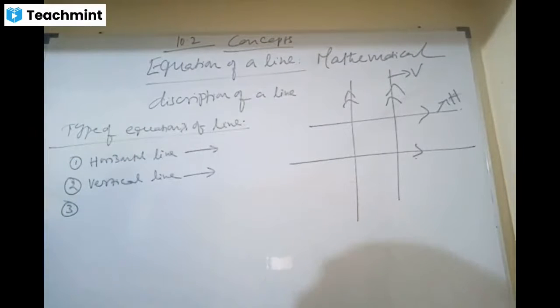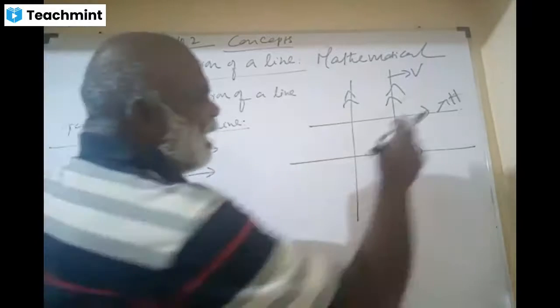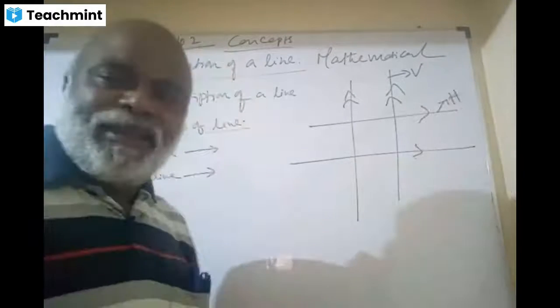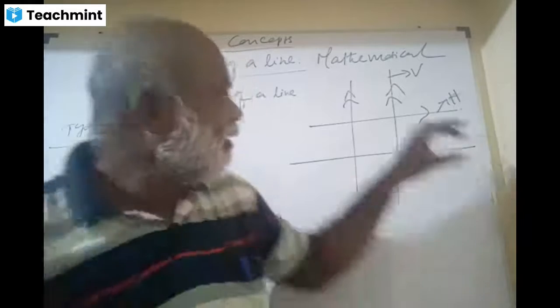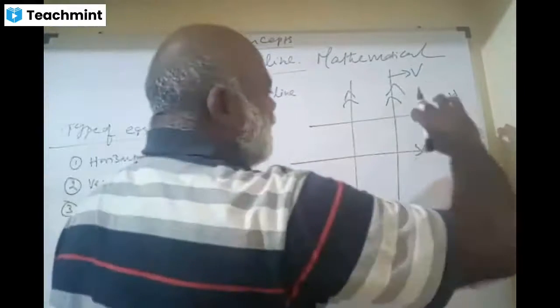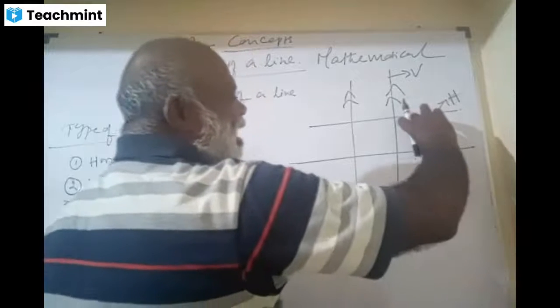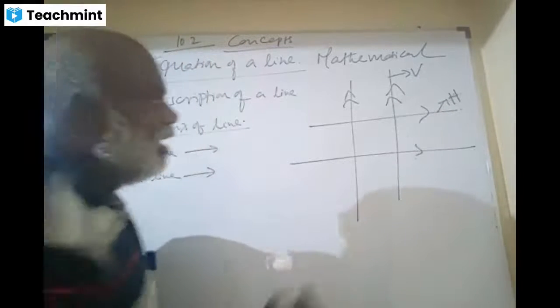Please tell me, a horizontal line is at a particular height from the x-axis. Please understand this.